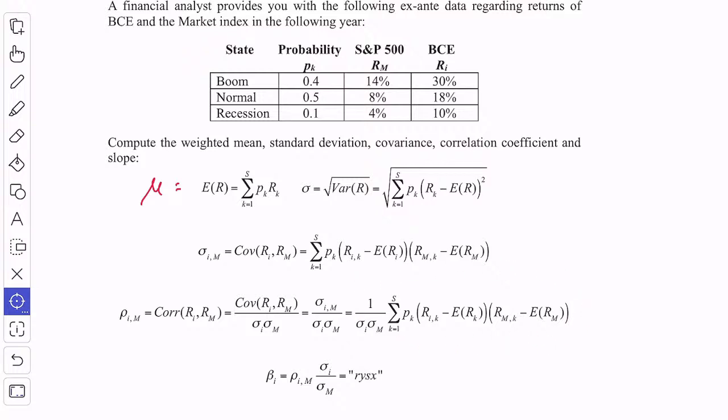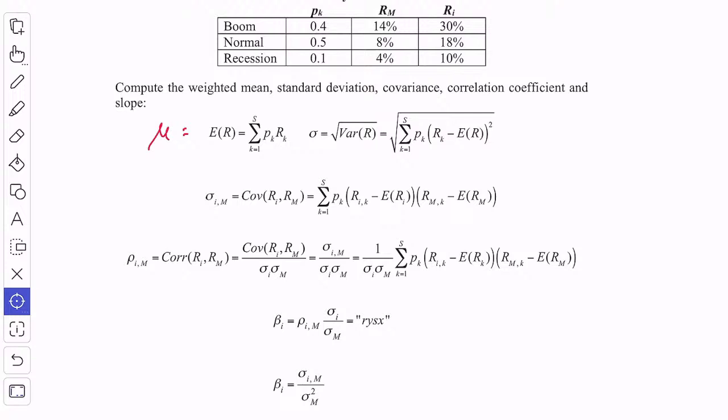And then the measure of slope, which is, again, risk: r, which is the correlation; s_y, which is the standard deviation of the vertical variable, which is the industry stock; and the x, which is always the market.